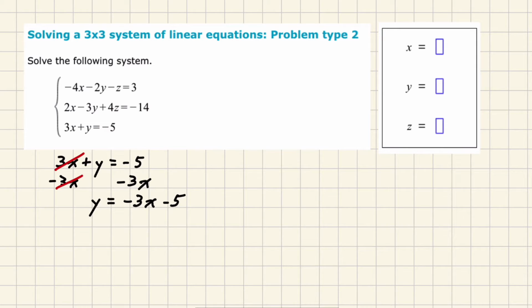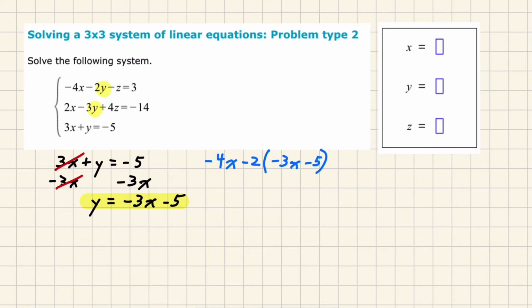This equation we can then substitute into both of the other equations for y, thereby removing all of the y's. So starting with the first equation, we have minus 4x minus 2 times y, but we now know y equals negative 3x minus 5.